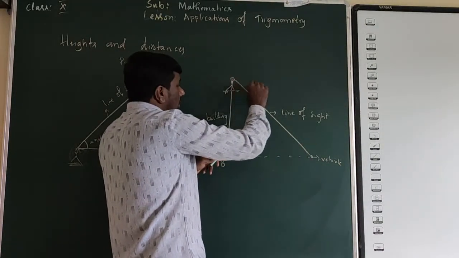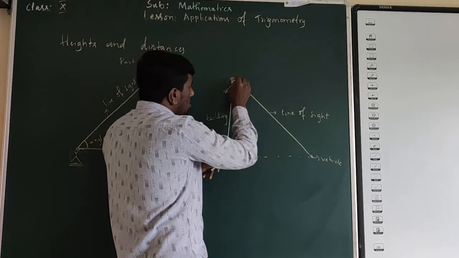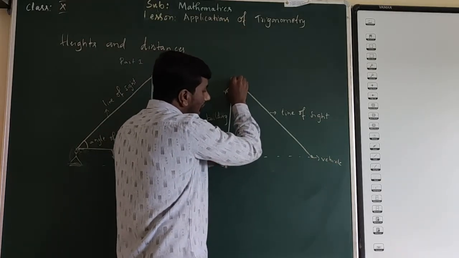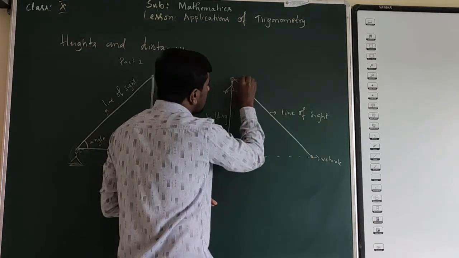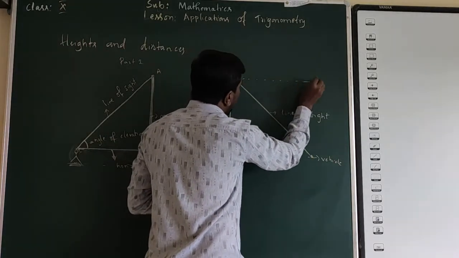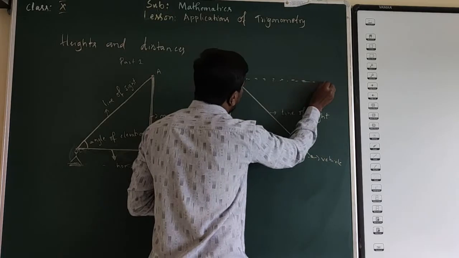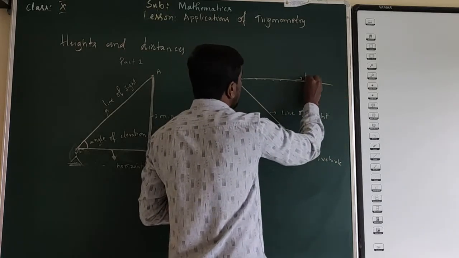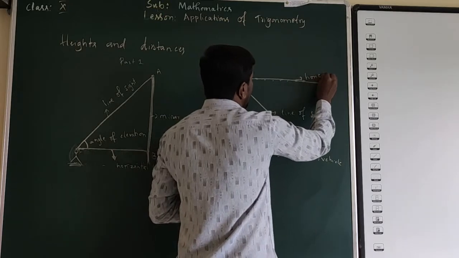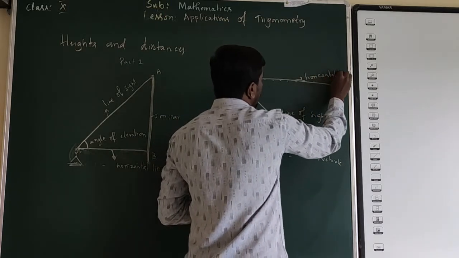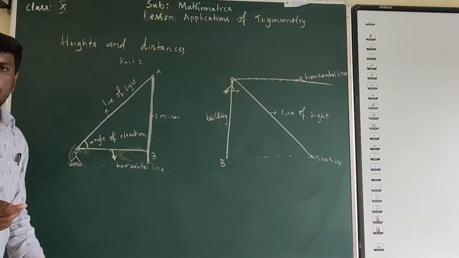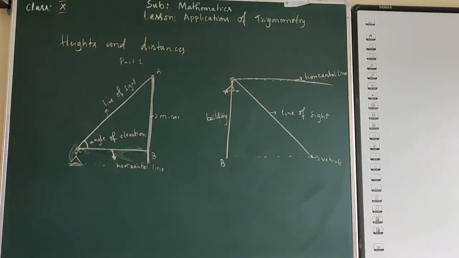So for the horizontal line, you should draw a line from the observer's eye which is parallel to the ground, like this. Now this is the horizontal line.